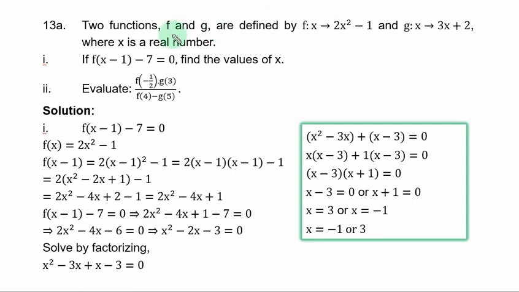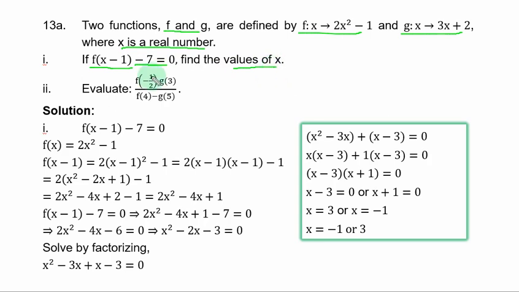Question 13a. Two functions f and g are defined by this and this, where s is a real number. Roman figure 1, if f of s minus 1, that means f bracket open s minus 1 bracket close, minus 7 is equal to 0, find the values of s.